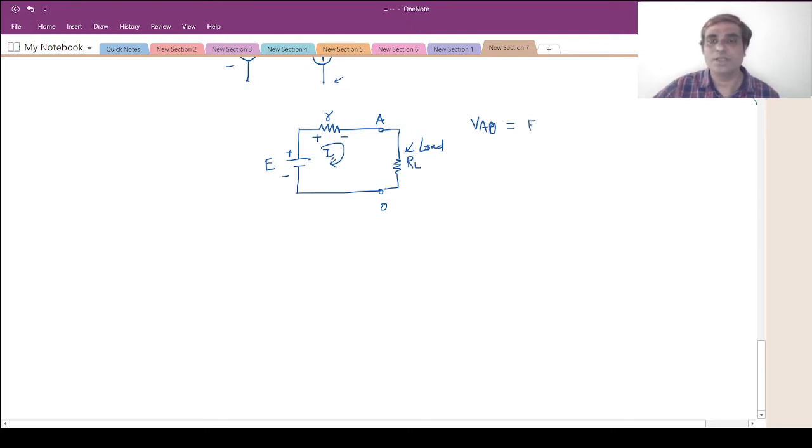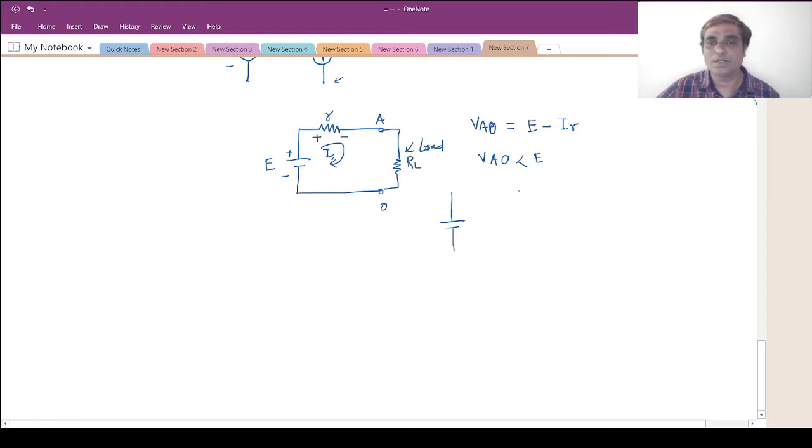It will be E, and there will be the drop across R, so it will be minus I into R. So VAO, which is the output voltage of the battery, will always be less than the specified voltage of the battery because of this internal resistance. Okay, this is the practical voltage source, and if I would like to say the ideal voltage source, then it will be something like this.